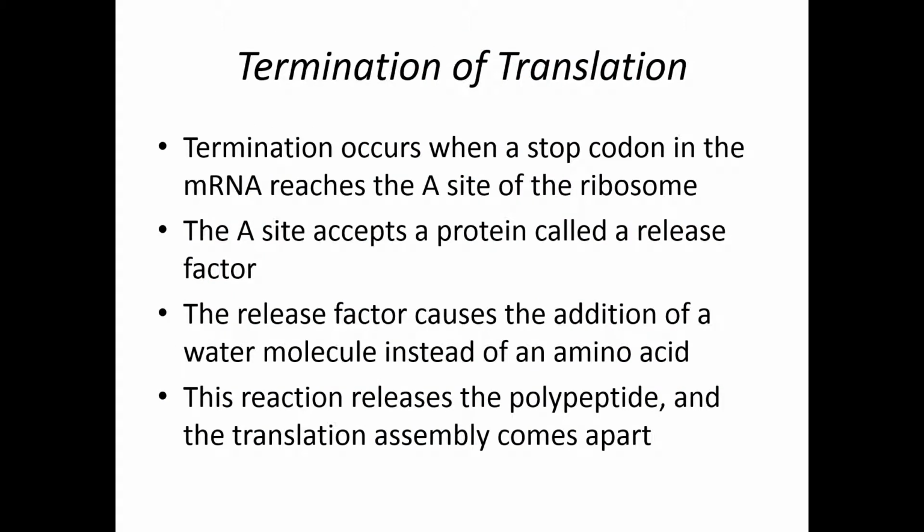Now we've reached the termination phase of translation. A stop codon occupies the A site on the ribosome. You have what's called a release factor that binds to the A site. When this release factor binds, it basically causes the ribosome to disassemble.